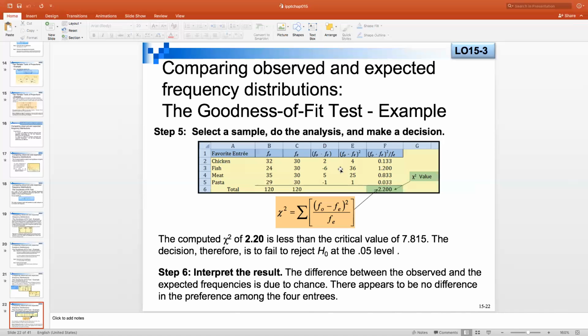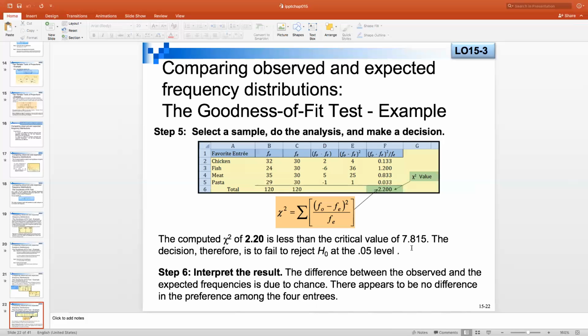So if you build it with 4 and you get, say, a K of 10 or a K of 8, then all you got to do is drag your last column down, and everything should still work if you pre-build this model. You can pre-build almost anything in Excel. So this is what we call a computed chi-squared, and it's 2.2, much less than the 7.815.